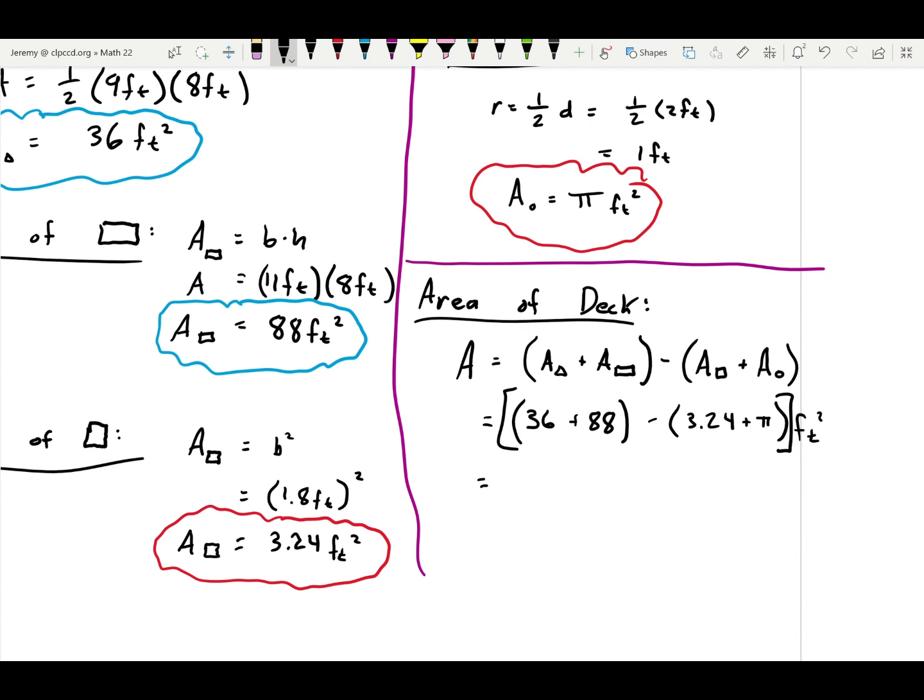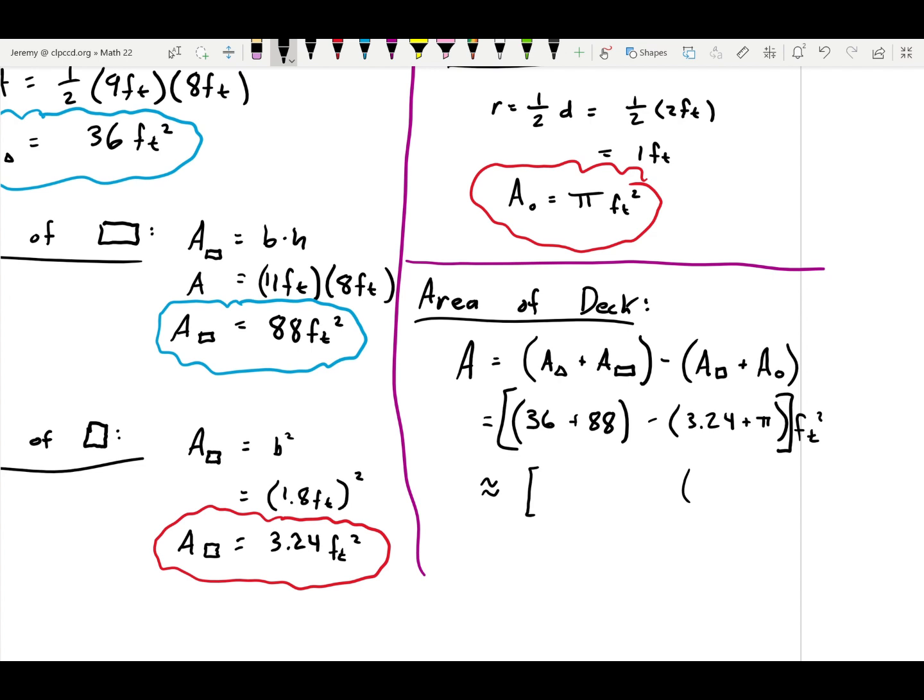Okay, so now I'll use my calculator. And at this point, I'm going to introduce the approximation sign, because over here, 3.24 plus pi involves an irrational number, meaning that the decimal just goes on forever and never stops. I'm going to round at this step.